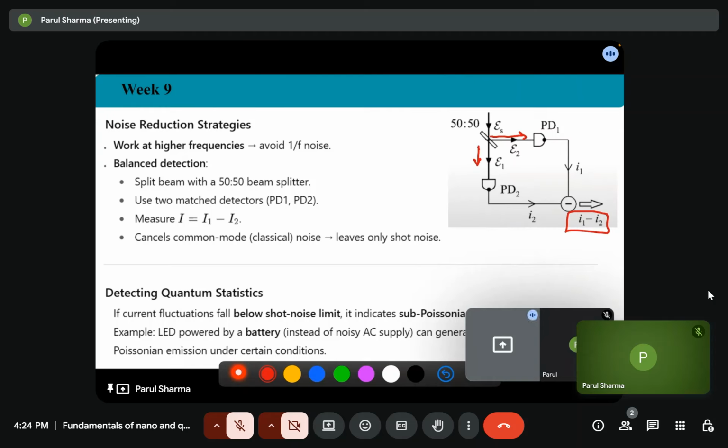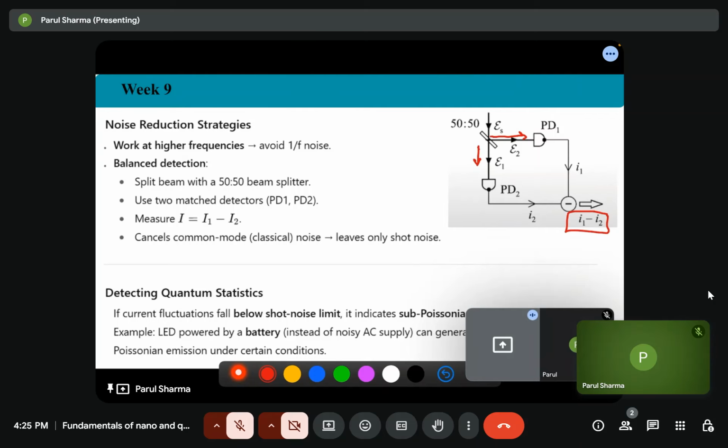We know that the classical noise will be common in both cases, like because of thermal or temperature variations or any vibration, that will be the same in both PD1 and PD2. So if we measure I1 minus I2, that will cancel the common mode or classical noise, and it will leave only the shot noise, that is the intrinsic part.